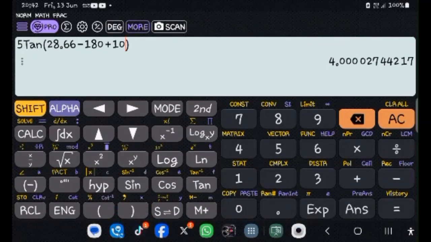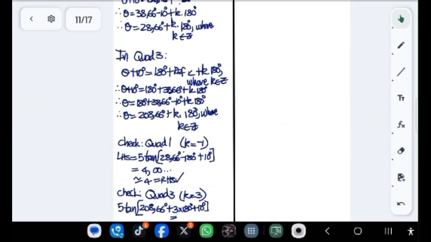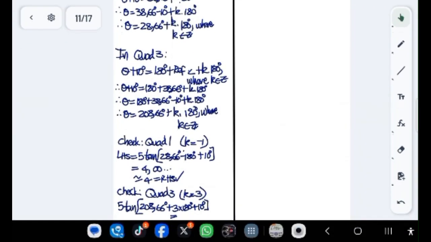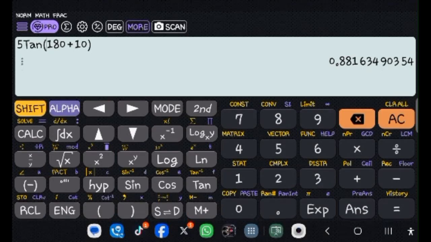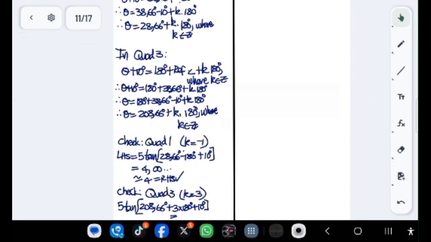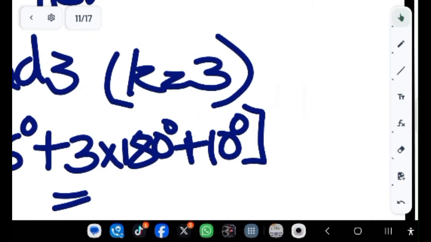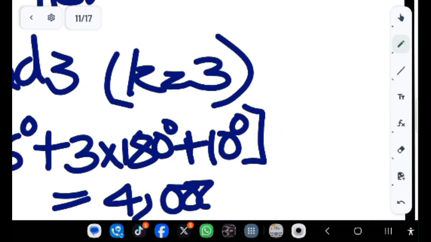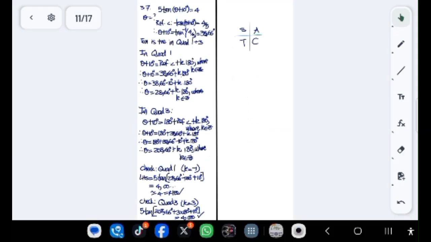Five times tan of 208.66 plus 3 times 180, then plus 10. It gives us also 4.000, which is 4, and that checks out. It goes to the right hand side.